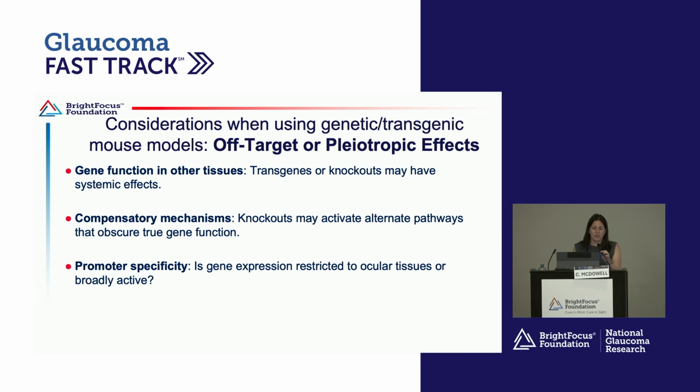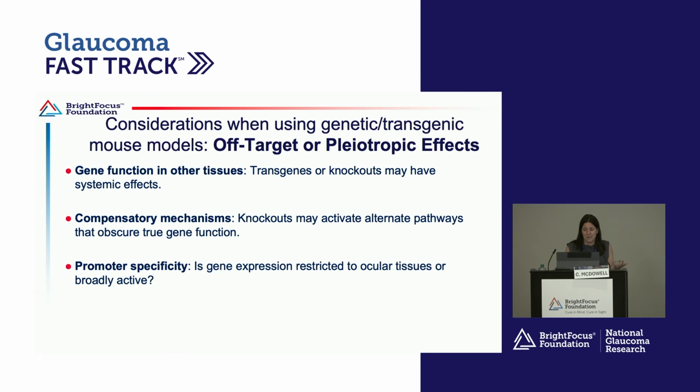Another important consideration is off-target effects. So transgenes or knockouts may have systemic effects that you are not considering. There may also be compensatory mechanisms. So knockouts may affect alternative pathways that obscure true gene function. There have been examples in the literature looking at a lack of neuroprotection, an example in JNK3 knockout mice.